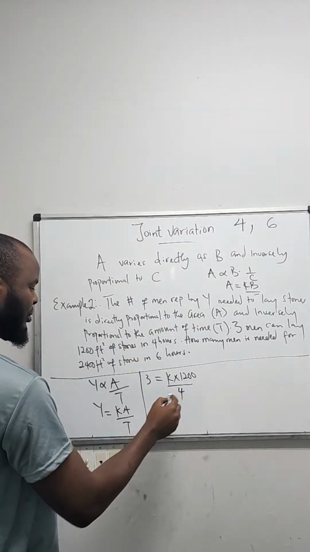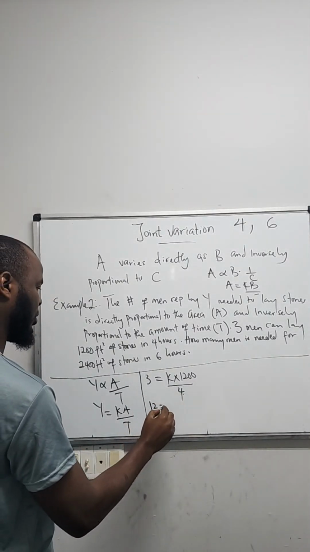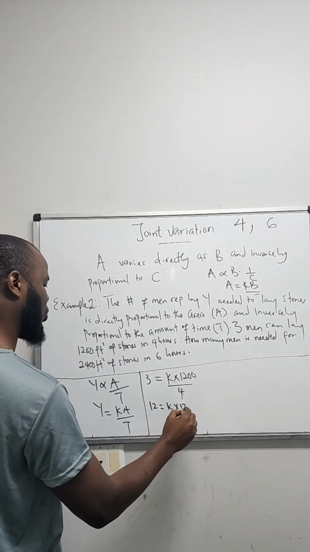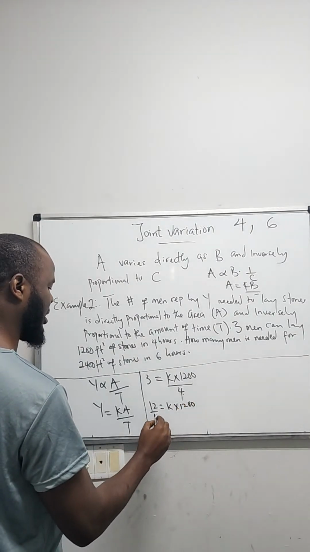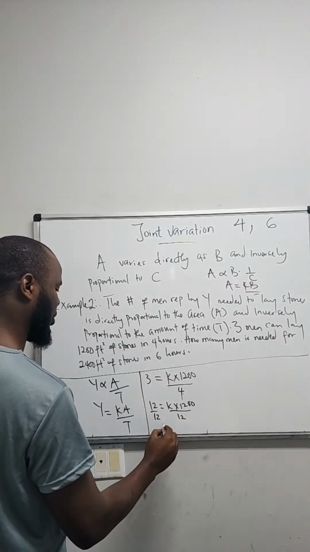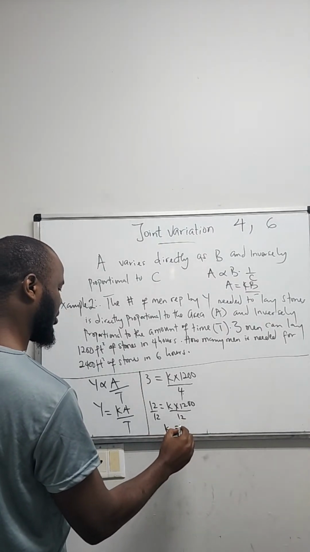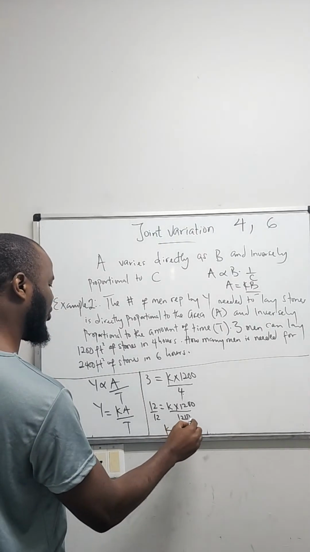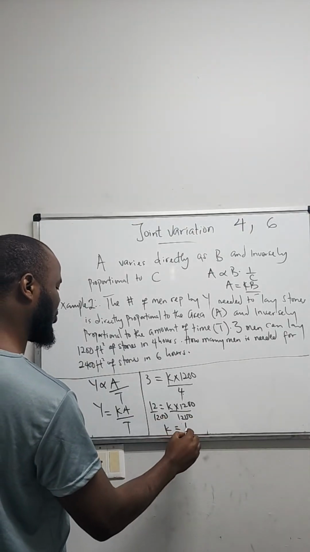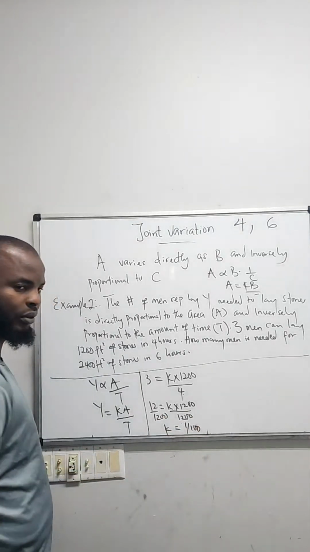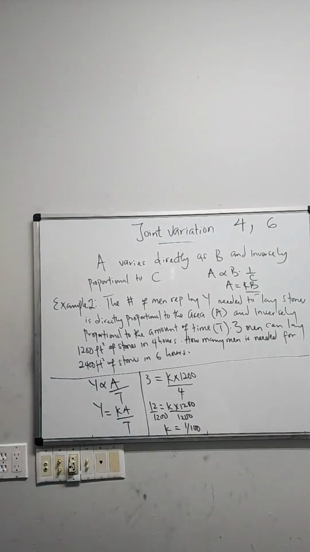So if you cross multiply, we have 12 equals k times 1,200, so divide by 1,200. K is going to be 1 over 100. That's k.